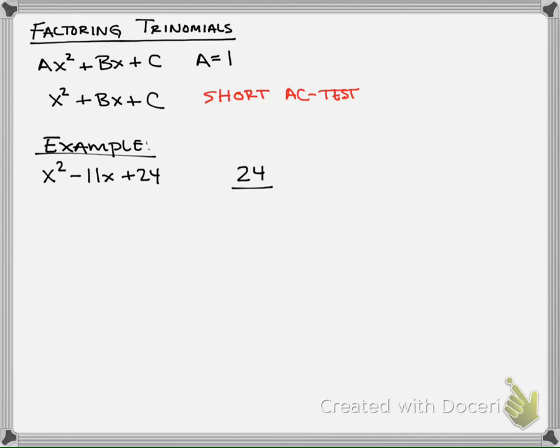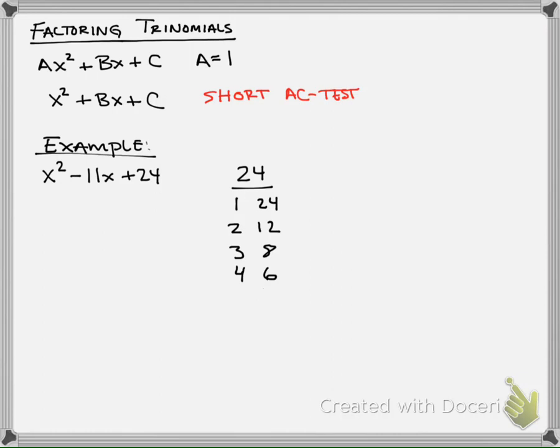Then we're going to write down the factors of 24, starting with the 1. It's very important that you do these in order. So 1 and 24, 2 and 12, 3 and 8, 4 and 6, 5 and nothing, and then we're back to the number 6.